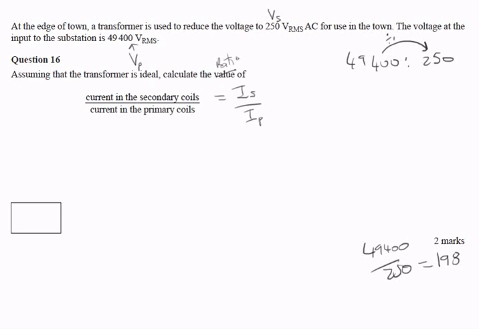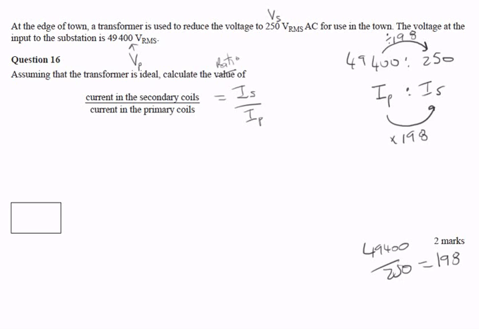So this gets smaller by 198 times. If our voltage got smaller by that amount of times, our current has to increase by 198 times. So this secondary is bigger than our primary by 198 times.